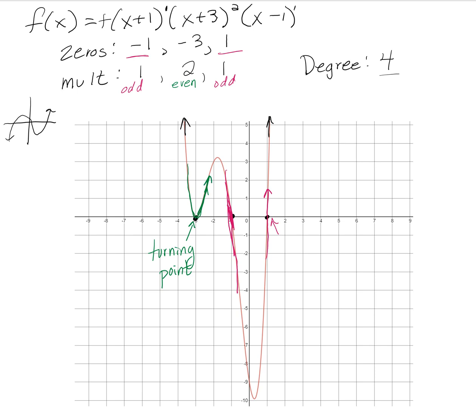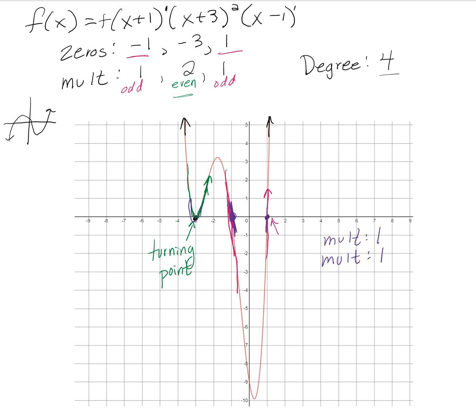All right? So this is helpful if we wanted to work in reverse. Let's say I did not give you the function, and I just gave you this graph. You would be able to look at the graph and say, okay, this point right here passes through, so that multiplicity is 1. This point right here passes through, so that multiplicity is 1.